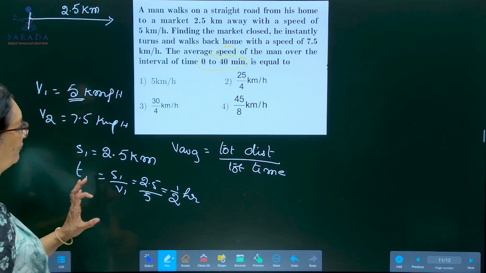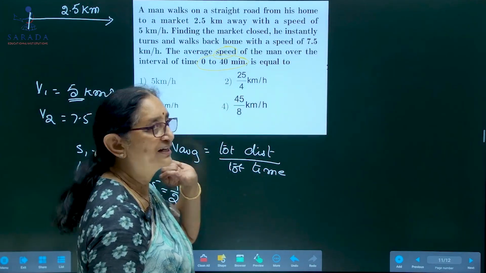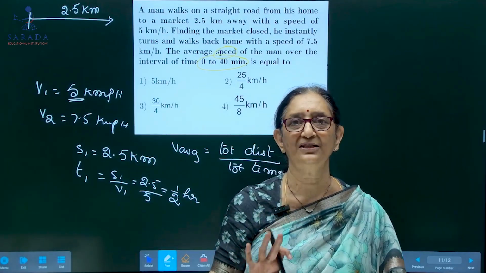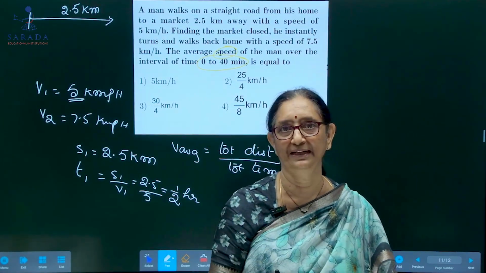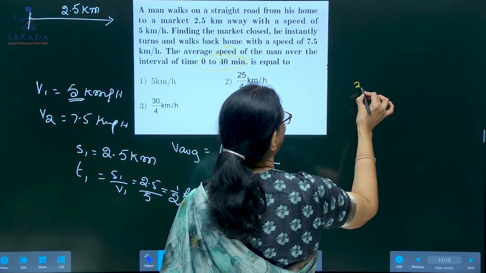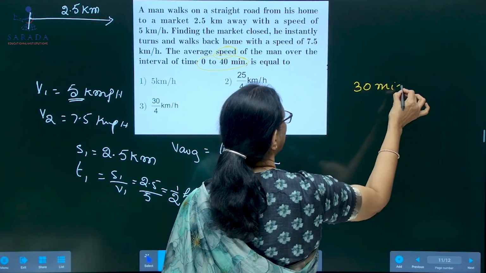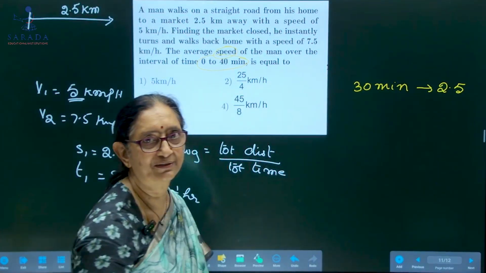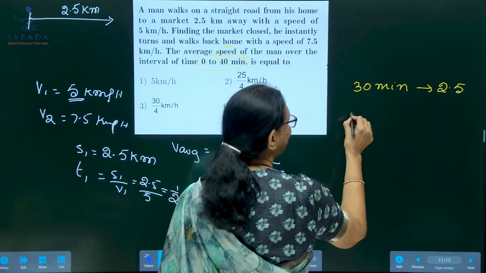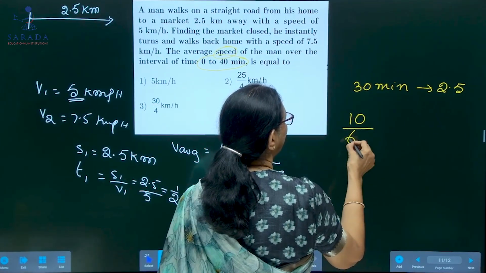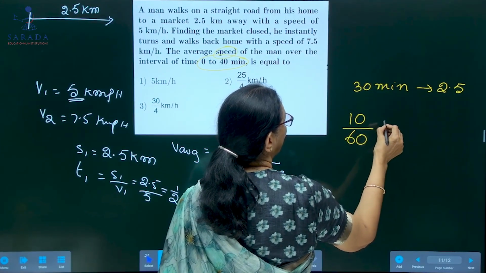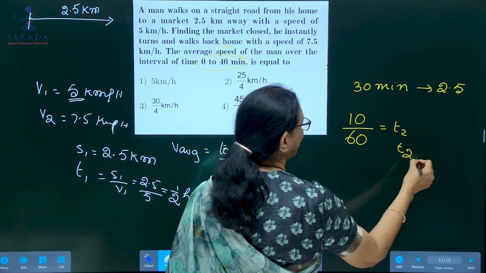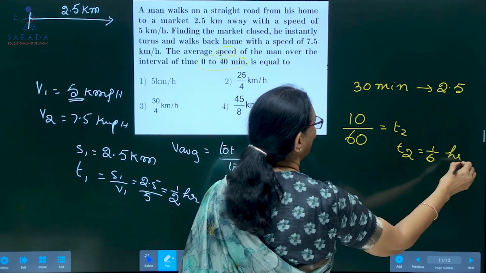And look here, what is the time left? You are not asked to find the average speed over the round trip. You are asked to find the average speed in 40 minutes. See here, in half an hour, that is in 30 minutes, he has travelled a distance of 2.5 kilometers. In the next 10 minutes, if you convert that into hours, the time taken T2 is equal to 1 by 6 hours.